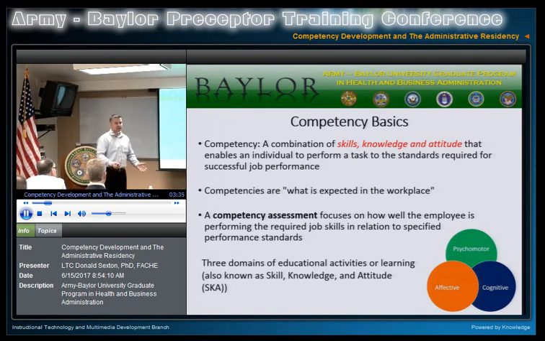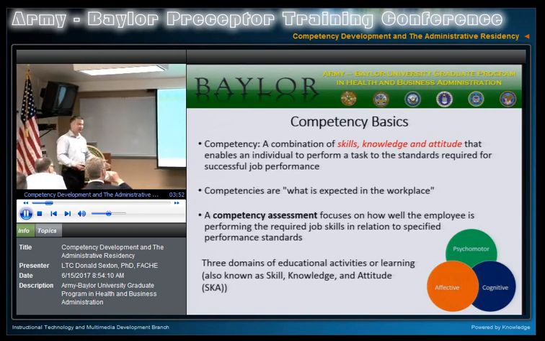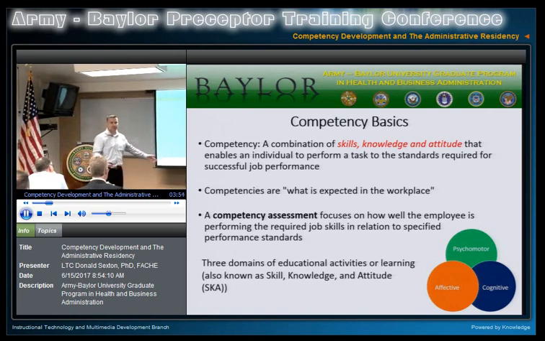Skills are your psychomotor skills, your actual movement. A surgeon has cutting skills, so there's a requirement for competencies in their psychomotor skills. Cognitive skills are the knowledge you have within the workplace, and the affective or attitude domain focuses on your values and attitudes towards specific tasks.